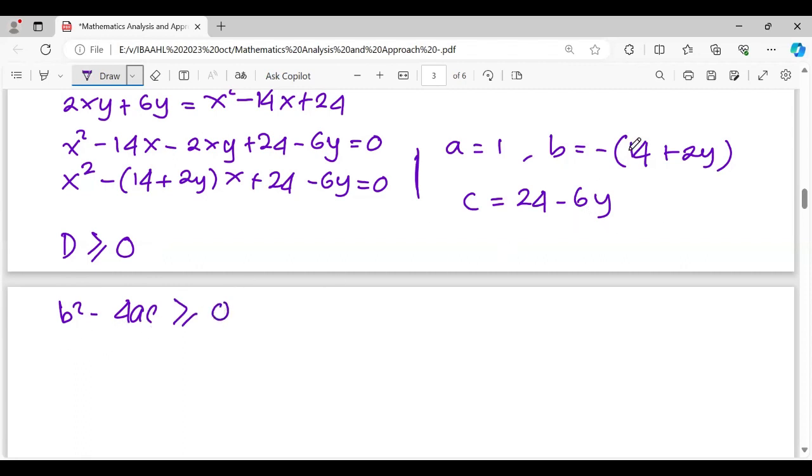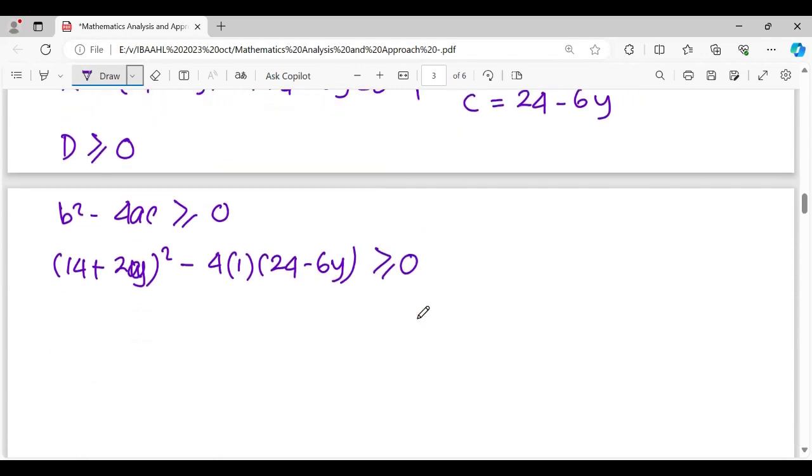B squared: if squared, the negative becomes positive, so (14 plus 2y) squared minus 4 times 1 times (24 minus 6y) is greater than or equal to 0.